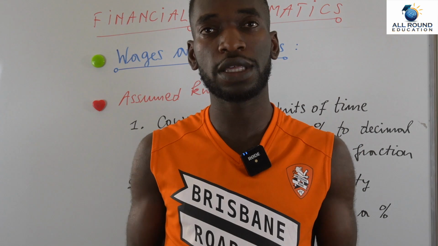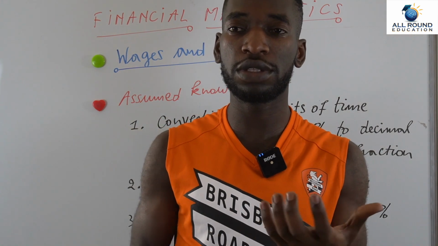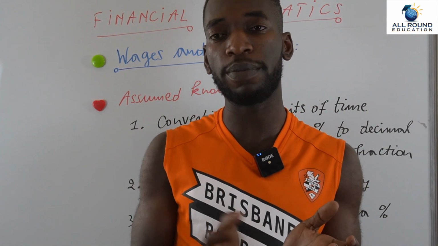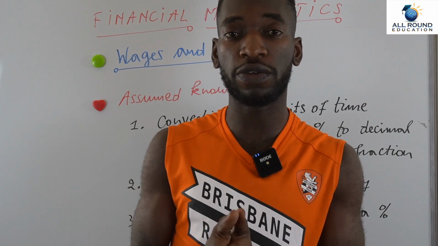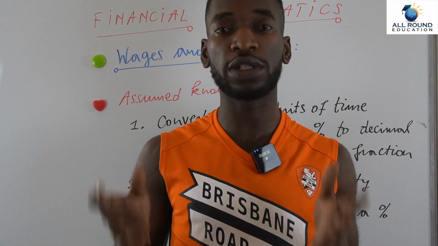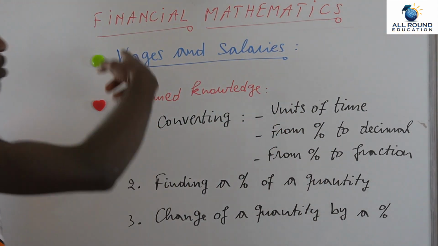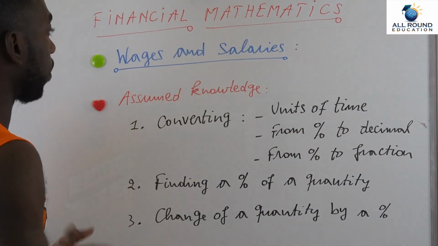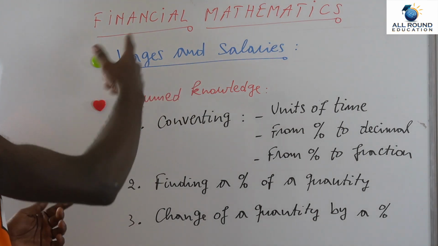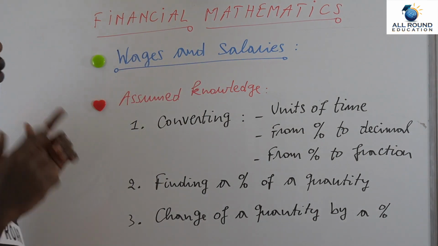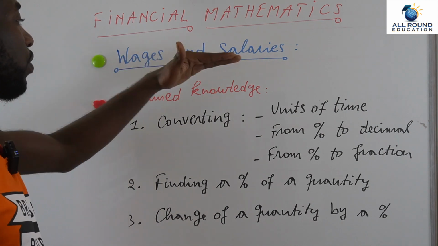The last thing is that with math, there's always a basic concept or assumed knowledge, so you can't do advanced stuff when you don't understand the basic stuff. Let's have a look at a few things here. The title is financial mathematics, and the second subtitle is wages and salaries, which is what we are going to focus on.